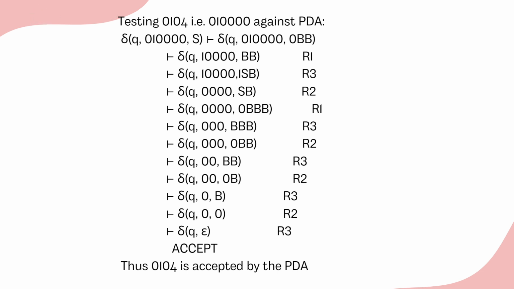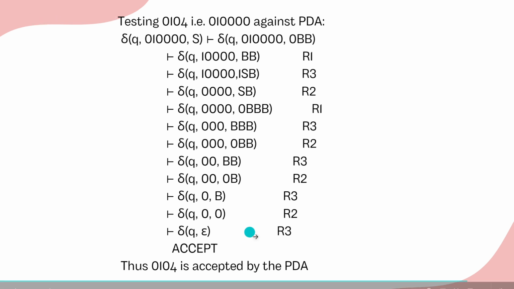Then we have to test the string 0 1 0000 against the pushdown automaton. So we take delta(q, 010000, S), which gives (q, 010000, 0BB).